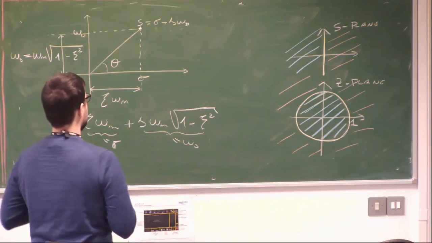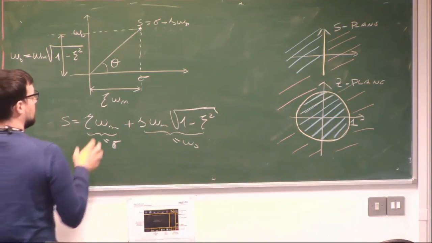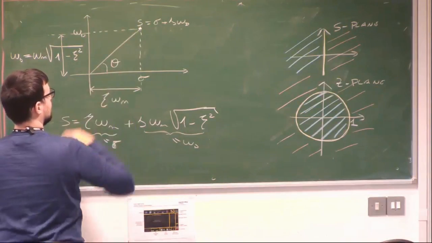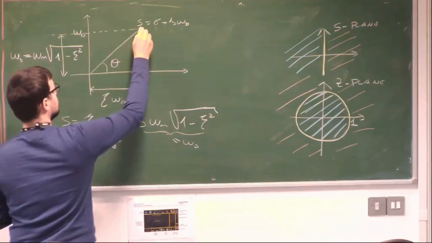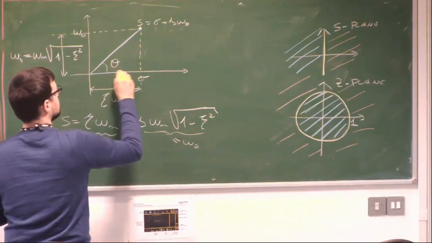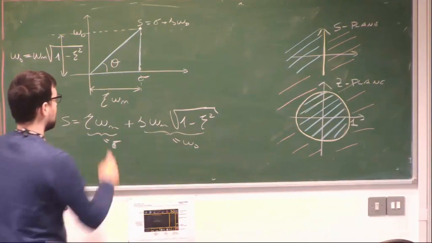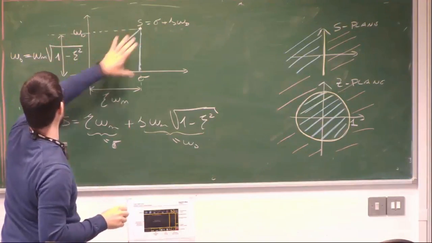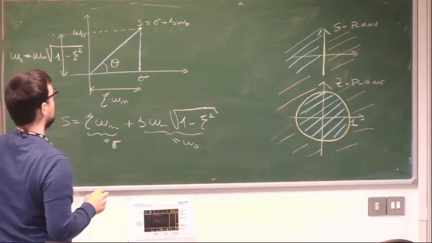Why do we want to use this parameterization? Because it has a geometric interpretation. So this parameterization means that, let's consider this triangle here, the base of the triangle is equal to this expression, and the height of this triangle is equal to this expression over here.